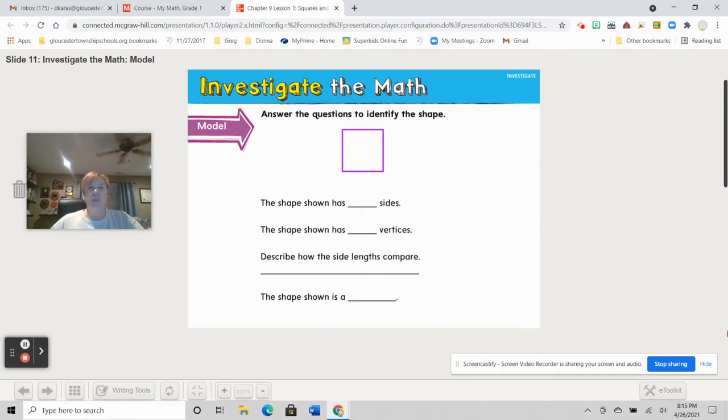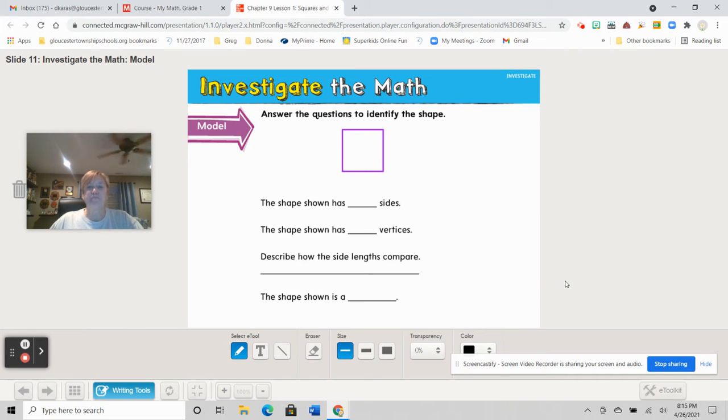So now let's do a little bit of investigation, and we're going to answer the questions to identify the shapes. If you would like to use your whiteboard, you can, or you can just say the answer, okay? The shape shown has blank sides. That's right, 4 sides. The shape shown has blank vertices. Remember what we called the vertices. So there's 1, 2, 3, 4 vertices.